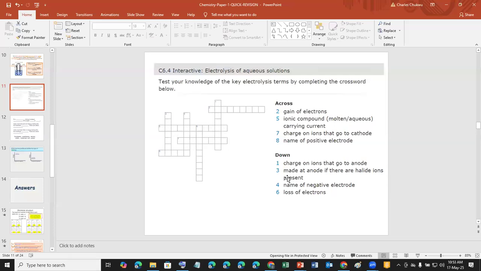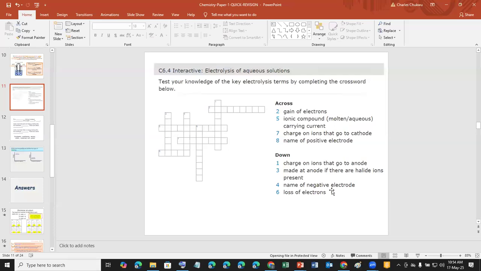So if negative ions will go to the anode, then what will be formed at the anode when they give up their electrons will be whatever it is that they are. So in this case, if it is chlorine, when chlorine gives off its electrons, it will form chlorine gas. So in other words, it's the gas of that particular halogen that will be formed.